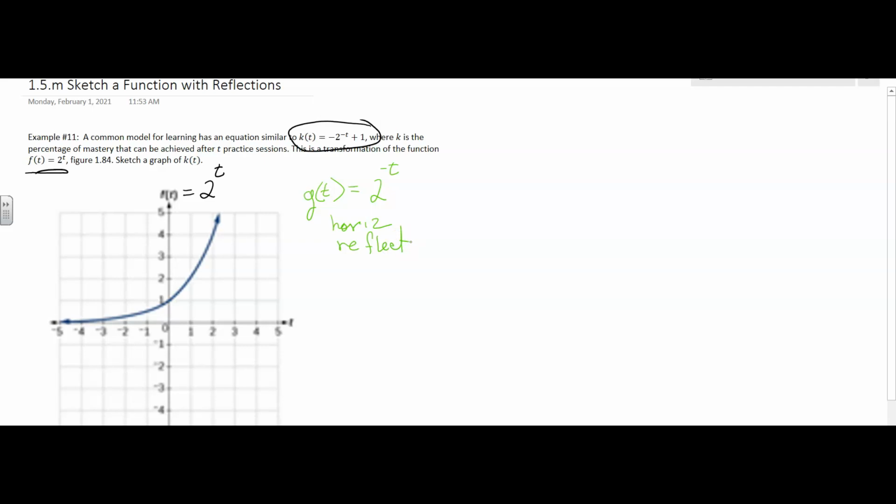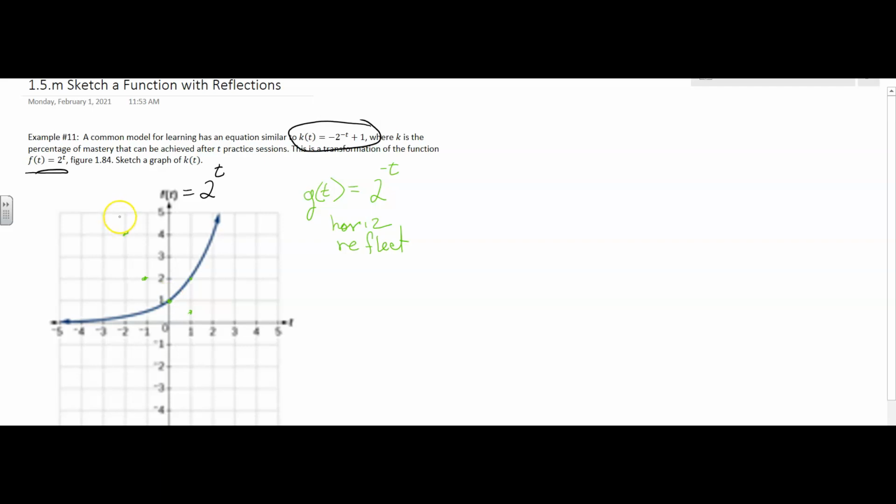Well, for all my points, my point that was right here at (1, 2) is now going to be over here at (-1, 2). And then my point that was at (2, 4) is going to be at (-2, 4). And my point that was at, it looks like, (-1, about a half) is going to be over here. And then this point right here, (0, 1), is going to stay the same.